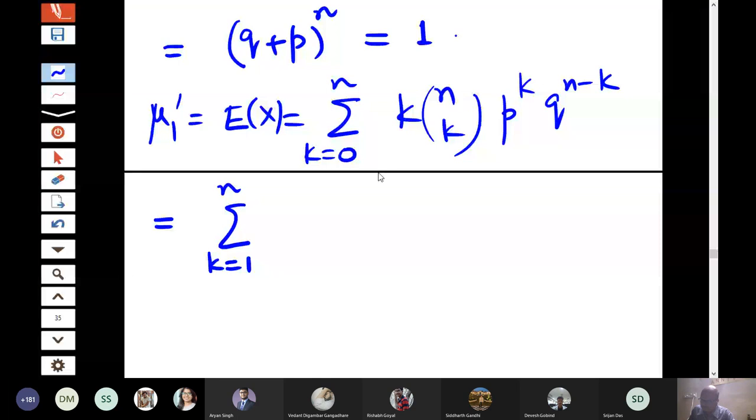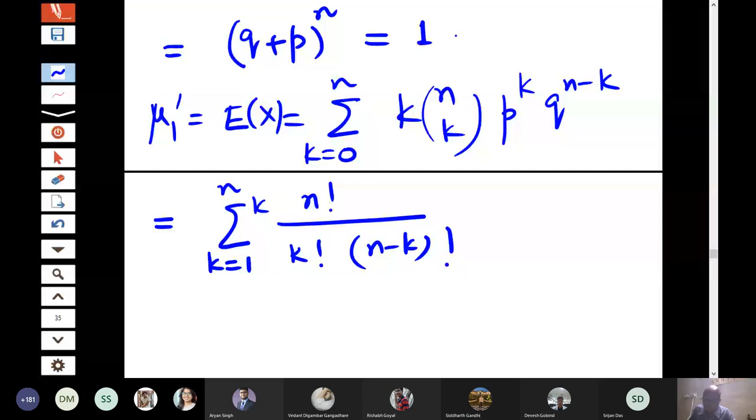Then you consider n factorial divided by k factorial times (n minus k) factorial, and this k you adjust with this, and then we put this as (k minus 1) factorial. So this immediately gives us the idea about the terms that we are going to get here.